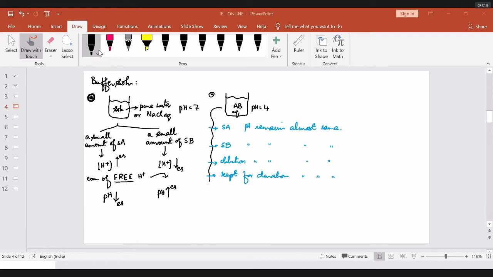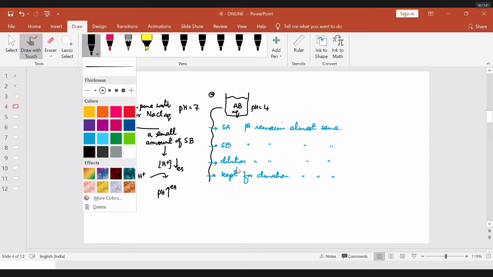Now the question comes here: if the solution is not changing its pH value even when you are adding strong acid and strong base, then what is the problem?